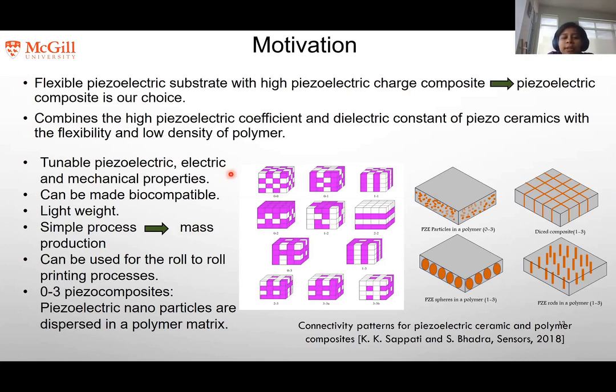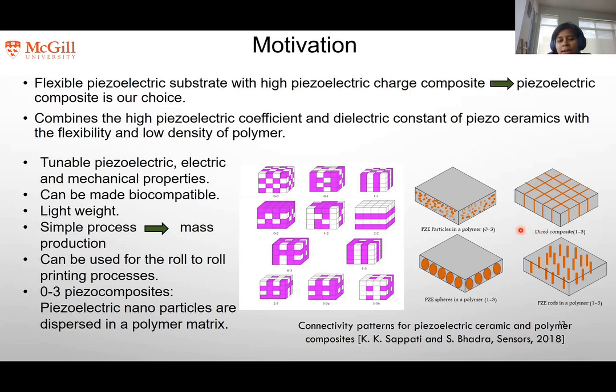For the composite, there is how you embed the piezoceramic in the polymer matrix. You can embed it in different configurations, like 0-1, 0-0, 1-2. So these are all different configurations that you can have.